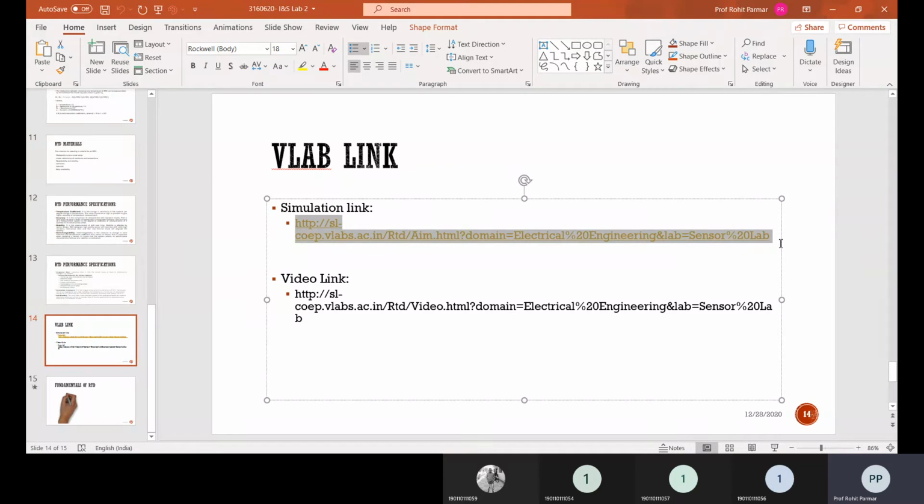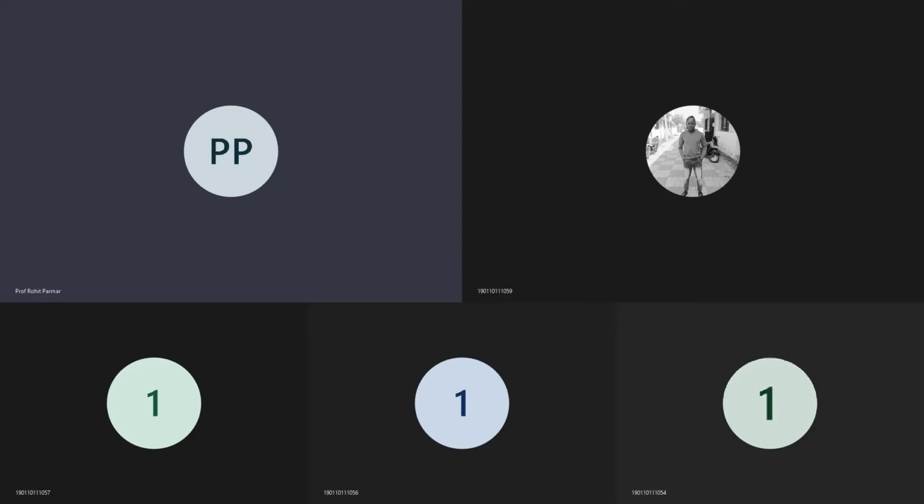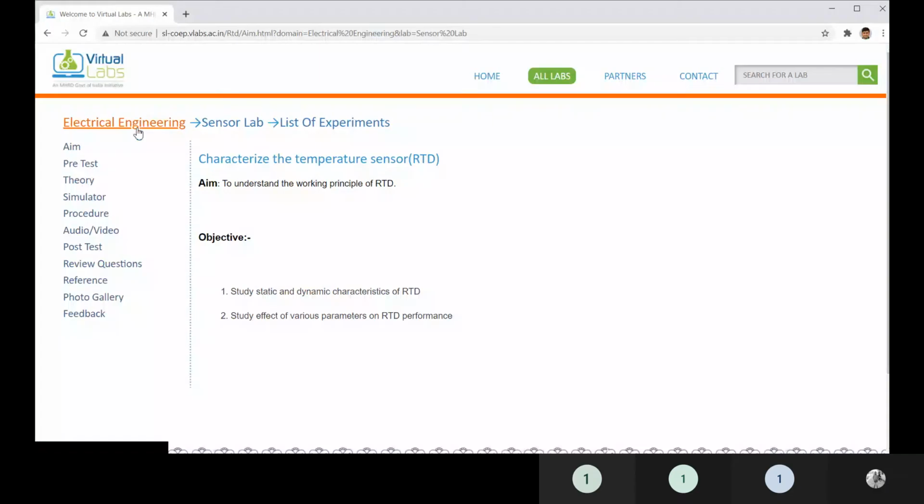I will provide you lab material for each and every laboratory. Now over here a simulation link is given, so I'm copying that simulation link and pasting it in the browser. Now this lab will open.